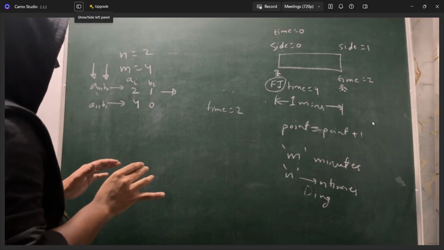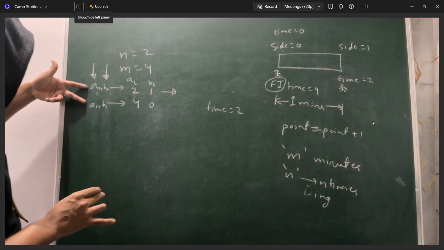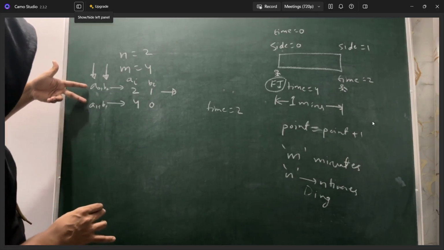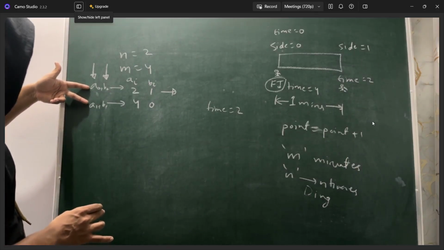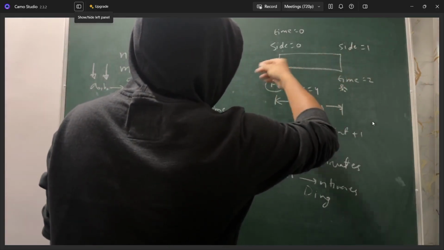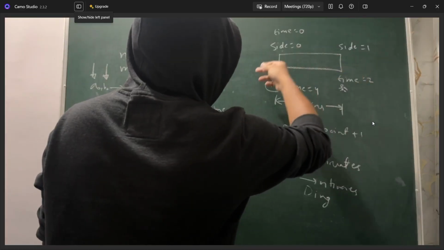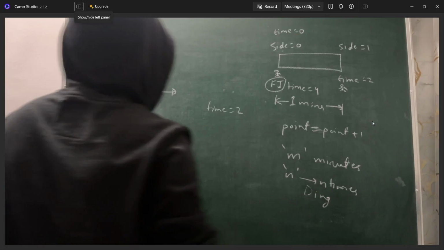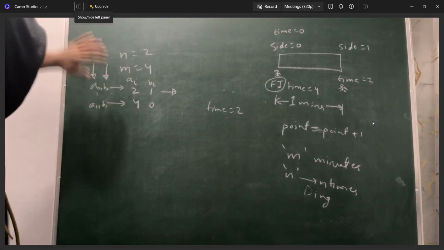And since this is a 2 requirement from the gym side, after that he can be moving anywhere, like from side 0 to side 1, side 1 to side 0, so that he maximizes the points. That is the question. So let's try to understand now.